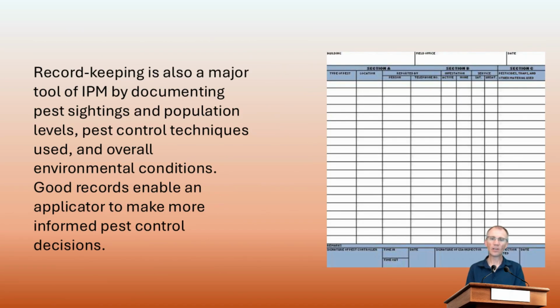Record keeping is also a major tool of IPM by documenting pest sightings and population levels, pest control techniques used, and overall environmental conditions. Good records enable an applicator to make more informed pest control decisions.